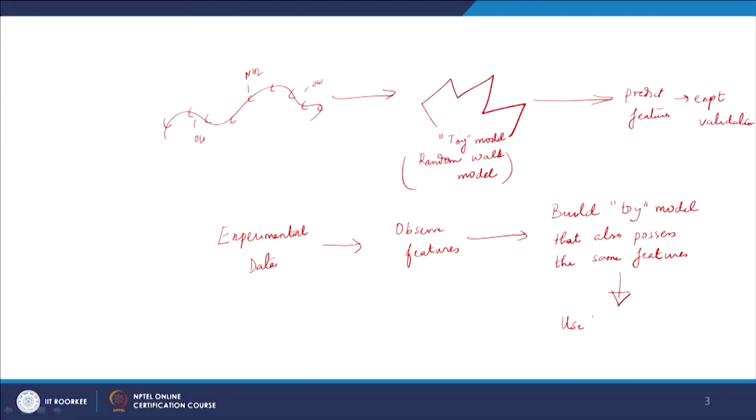So, we can use toy models to study similar systems, and it is then that these models become useful, because if we can get some physical understanding based on these models, then we can use that in our design strategy of polymers, in devising polymers that will give you certain types of behavior and so on.